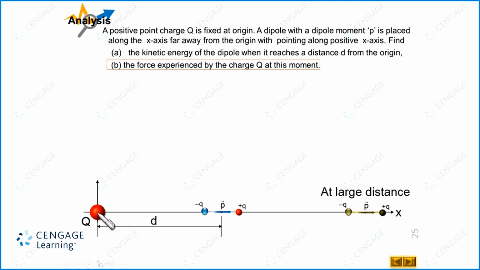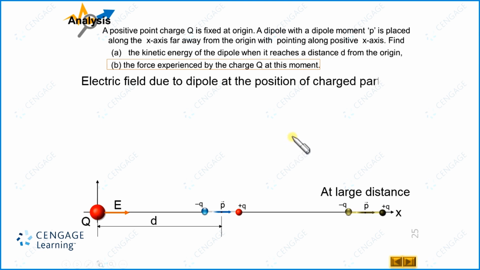That means the electric field at this position will be in the rightward direction. Okay, and we know the magnitude of this electric field also. We have the formula: 1 upon 4 pi epsilon naught times 2p divided by d cube. This is the formula for the electric field because of this dipole.